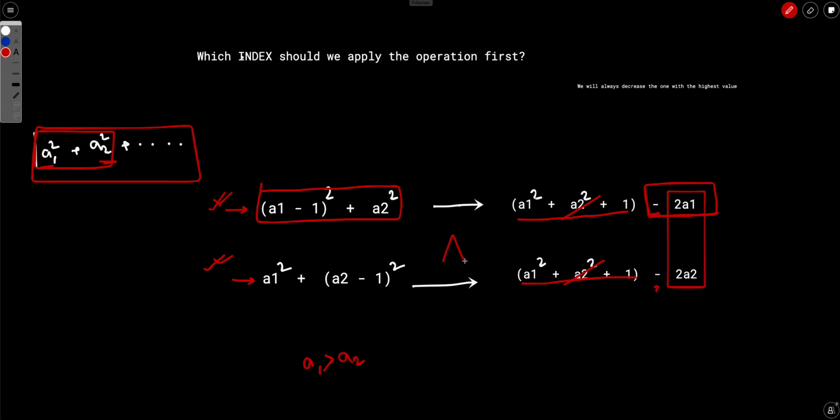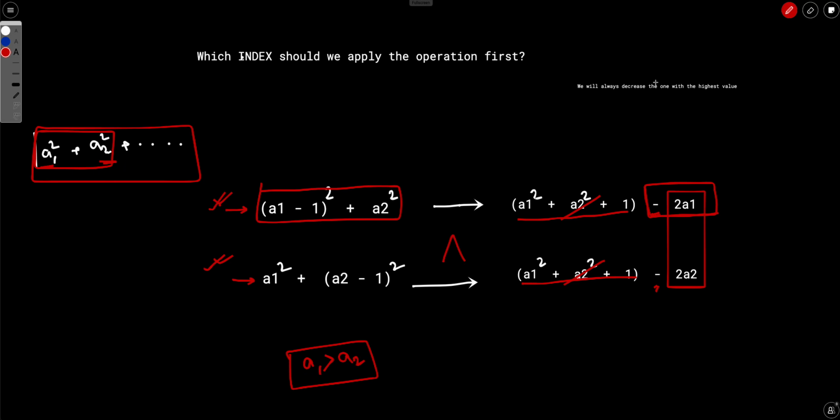Like this is larger than this. This entire piece is larger than this piece. So hence, it actually shows that we will always apply the operation on the index which has the greater value. Because if we apply the operation on the index which has the lesser value, the final sum would actually be greater than if we would have applied the operation on the element which has the larger value. So hope this point makes sense.